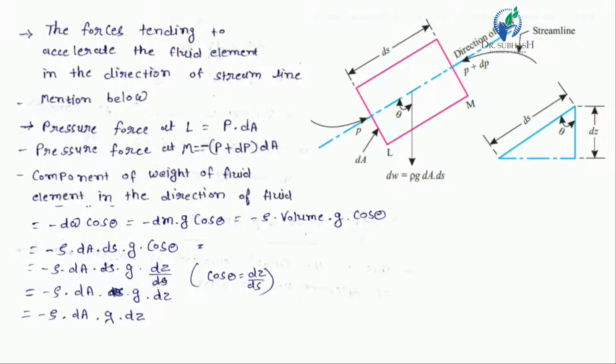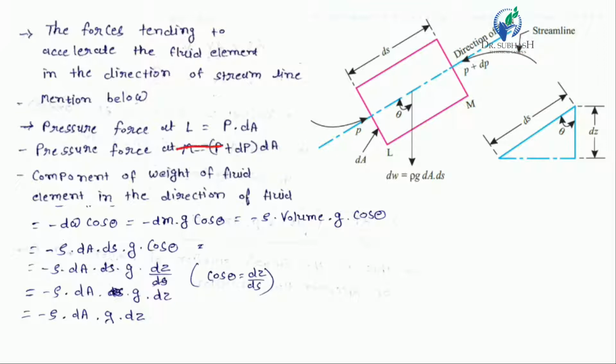First one is the pressure force at the L side. We know that pressure force is pressure into area, P into dA. Now the pressure force at the M side is pressure into area, (P plus dP) into dA.